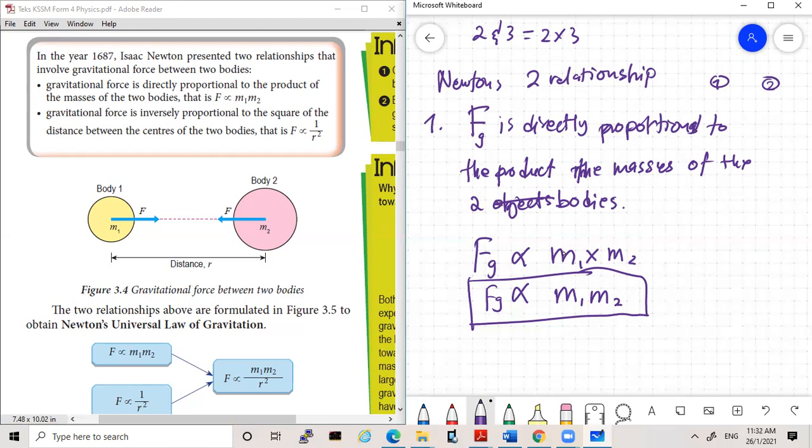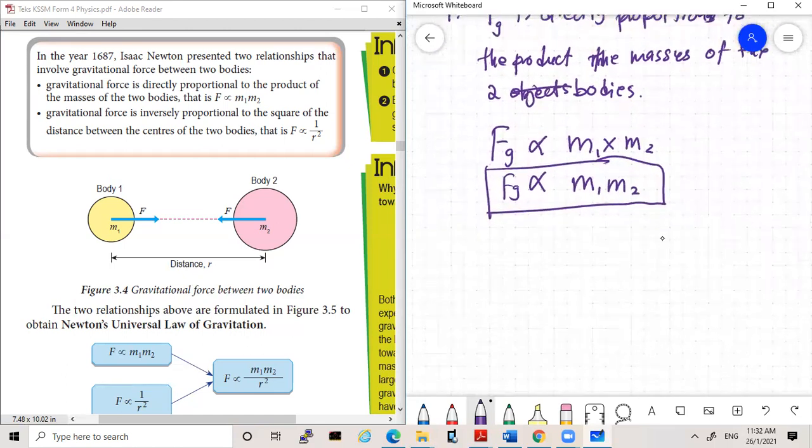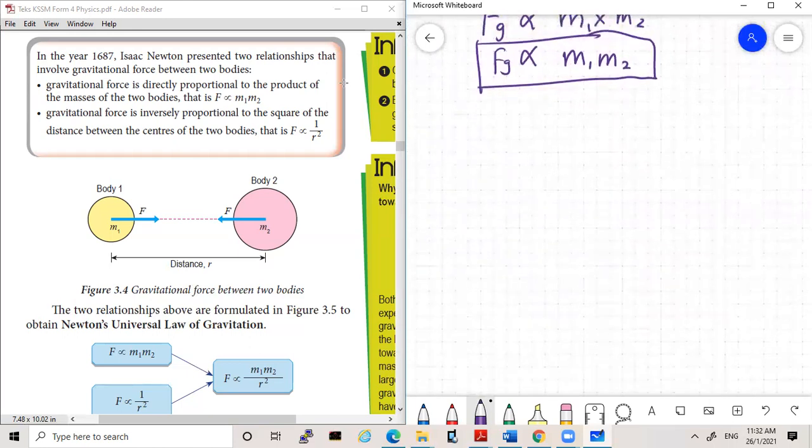For the second relationship, Isaac Newton said that the gravitational force is inversely proportional. When we say inversely proportional, we use this sign for a fraction. Inversely proportional to what?